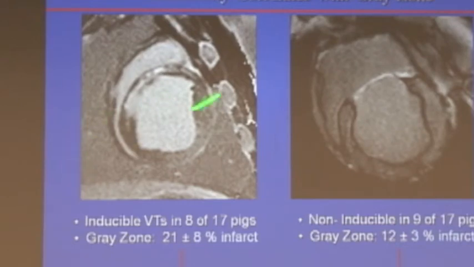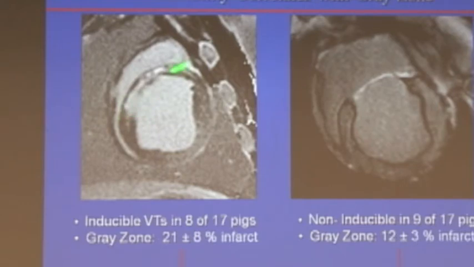And then on the inducible animal, I don't think I have to lead you too much. Here's the normal looking tissue, but when we look at the infarct area, it really is heterogeneous. There's some very dense scar, some almost normal looking tissue, and a lot of gray area, and it's very heterogeneous. You could almost imagine VT circuits oozing their way through this gray area.